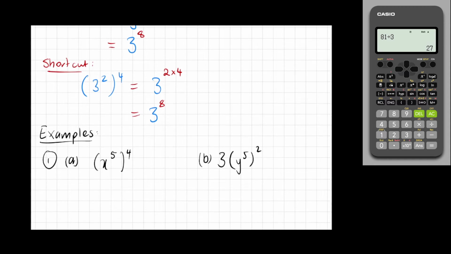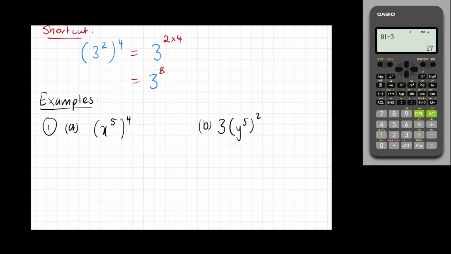Looking at our first one, x to the power of 5 to the power of 4 is the same as x to the power of 5 times 4, x to the power of 20. That's like if I was to write x to the power of 5 times x to the power of 5 times x to the power of 5 times x to the power of 5, 4 times. 5 plus 5 plus 5 plus 5 is the same as 5 times 4, which is 20.